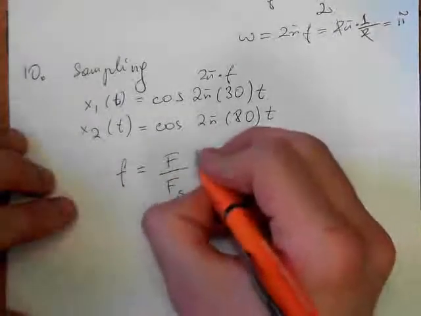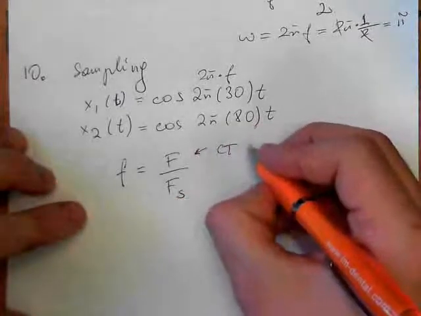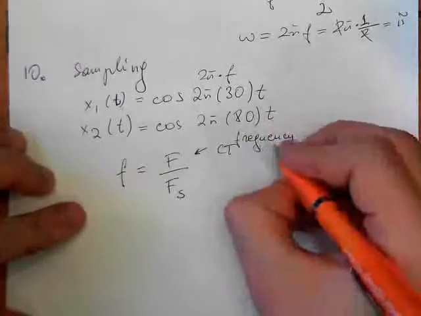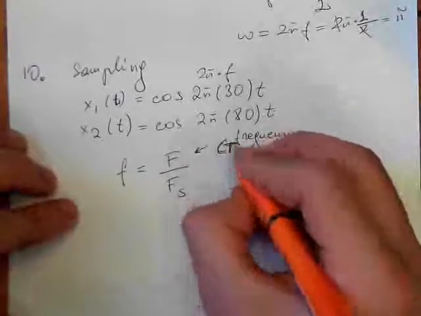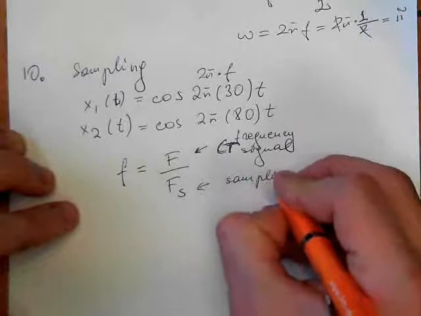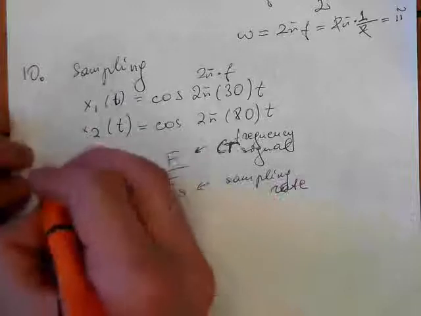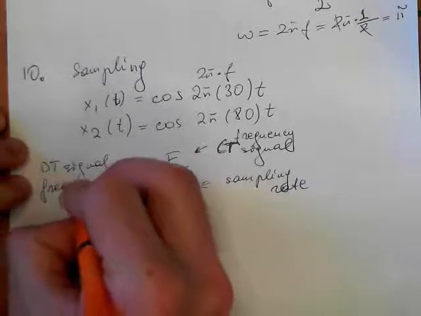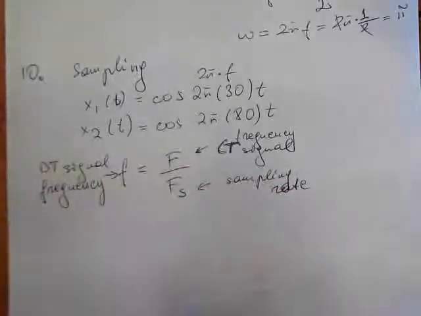Here, this capital F is the frequency of the continuous time signal. This is the sampling rate or sampling frequency. This is the discrete time signal frequency.